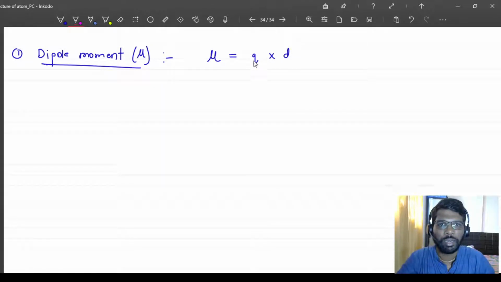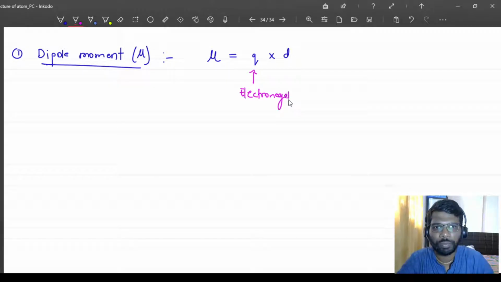The charge will depend upon the electronegativity: the more the electronegativity difference, the more the charge. And distance is about the bond length.